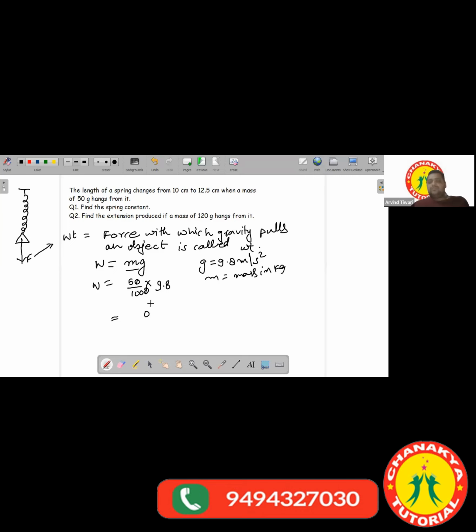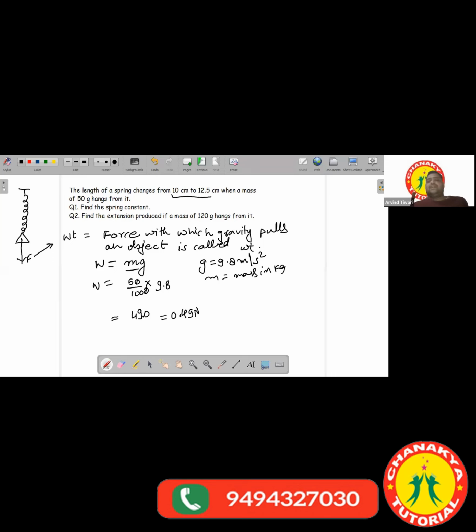So 49.0 divided by 100, you get 0.49 Newton. With a force of 0.49 Newton, an extension is produced.